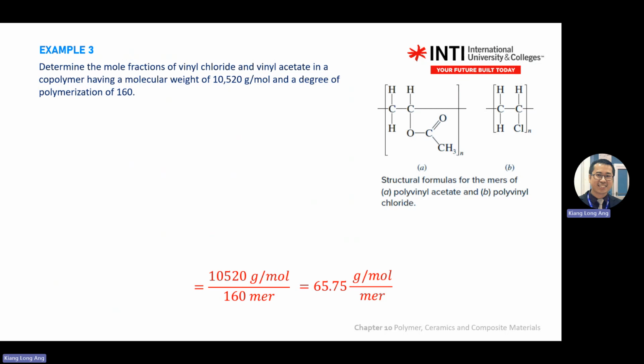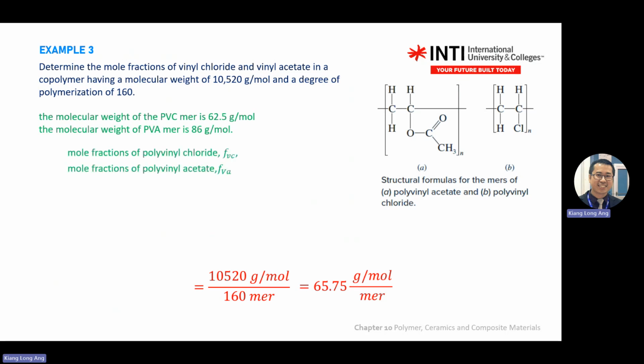You write degree of polymerization equal to this one divided by the monomer of this one and the monomer of this one. Okay, molecular weight you already found just now. So the fraction of mole between this one and this one is 100%.